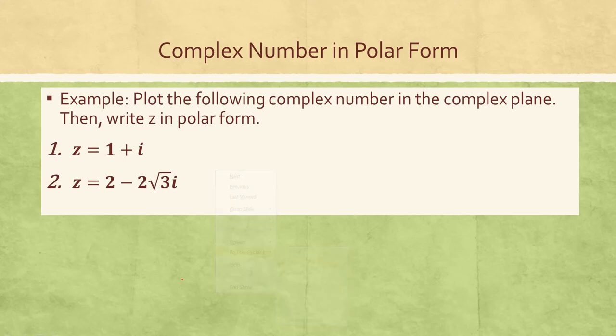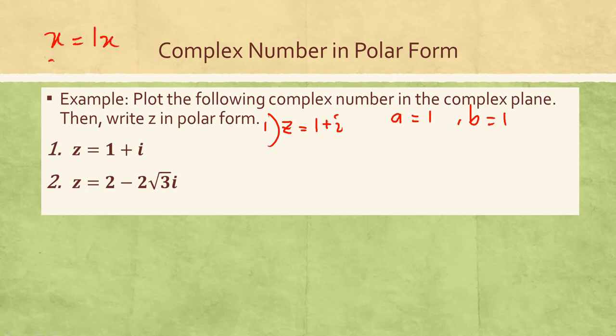I need to write. Okay, so we have Z equals 1 plus i. Number 1. So what is our A? A is 1. What is our B? B is also 1. Not 0. Remember when you write x, how many x? It is 1 x, right?